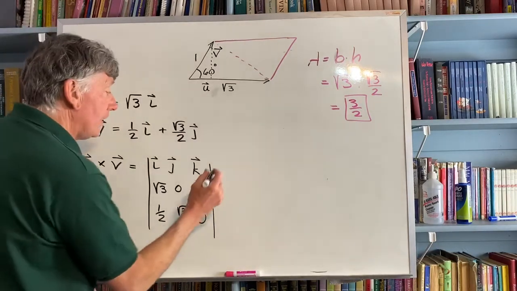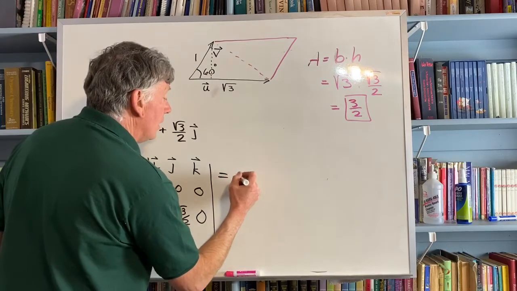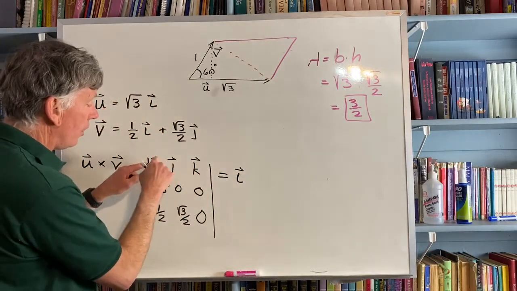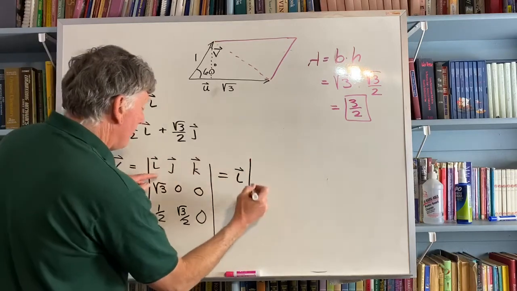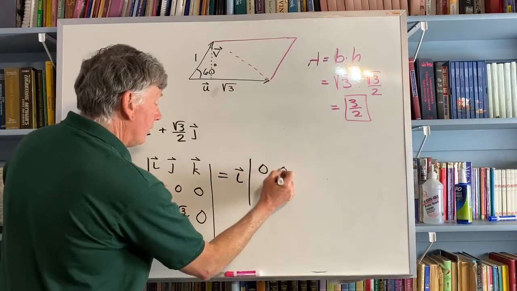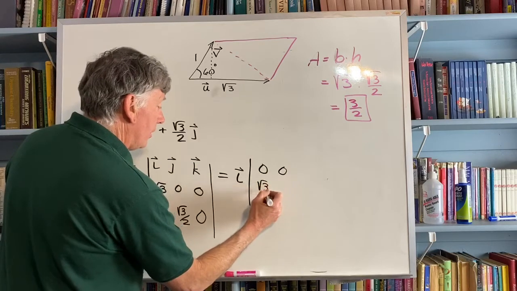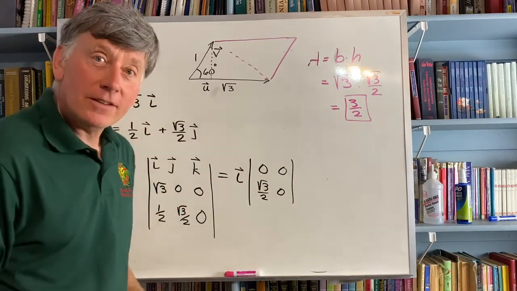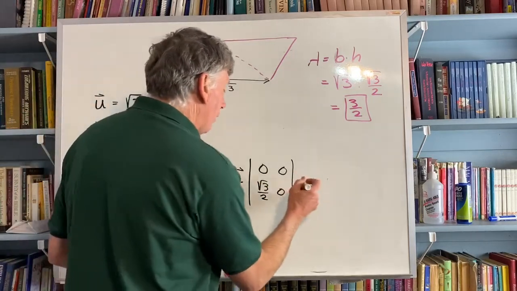So u cross v is equal to i times, and I block off that row and that column, 0, 0, square root 3 over 2, 0. It's pretty obvious what that determinant is. It's going to be 0.